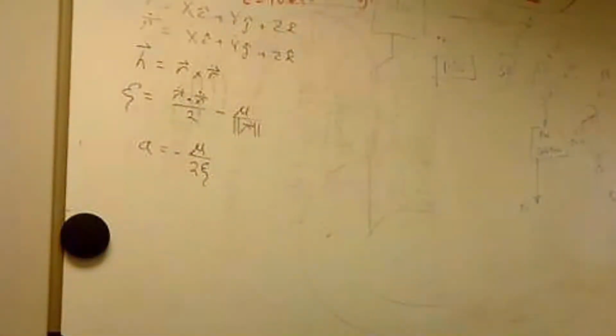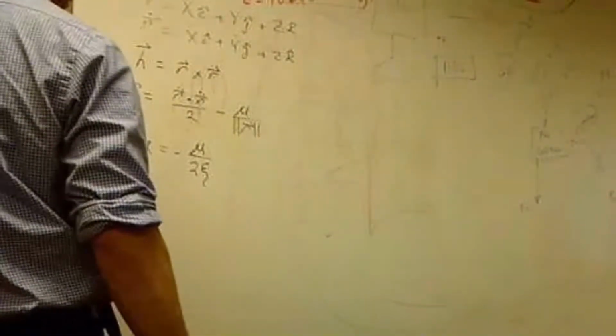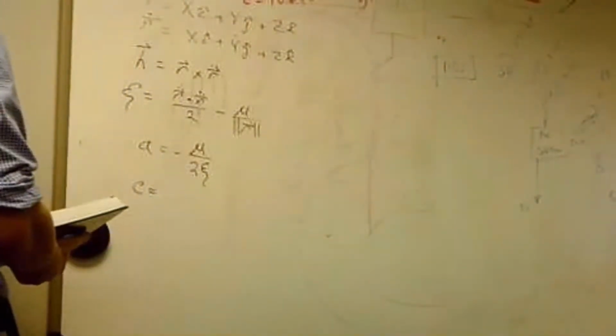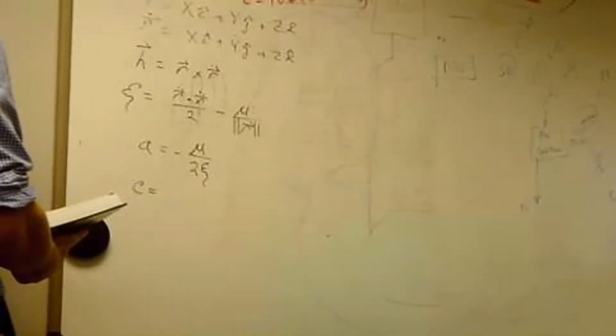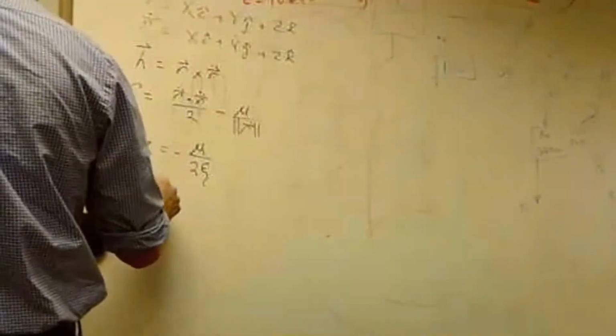There's our semi-major axis. Okay. Our eccentricity is also related through our angular momentum and through our semi-major axis, as well as our specific energy. Our eccentricity is where we get our specific energy and our angular momentum.